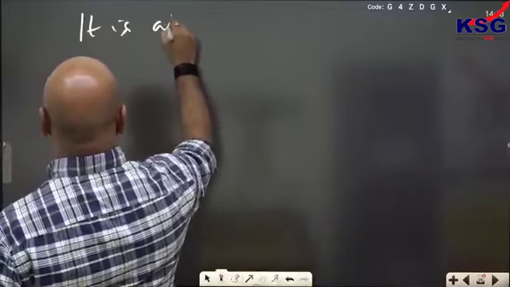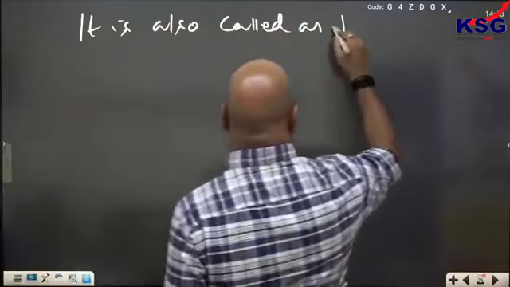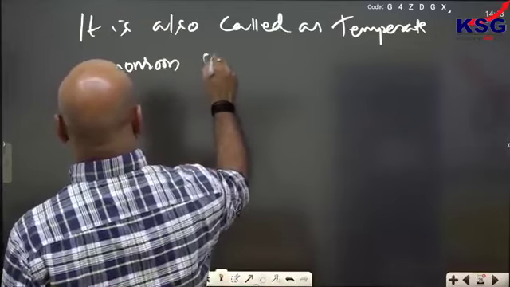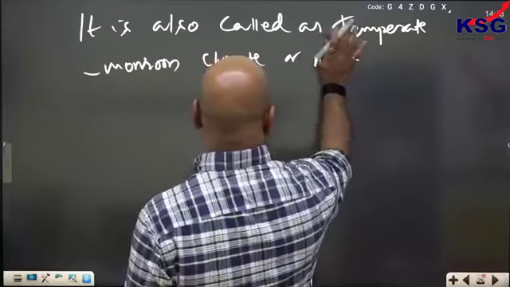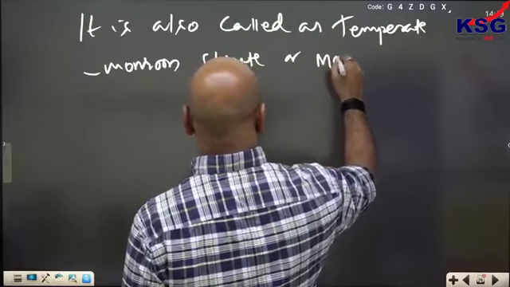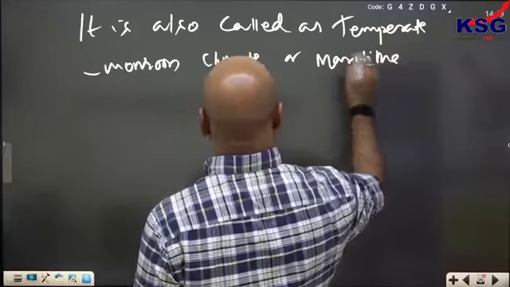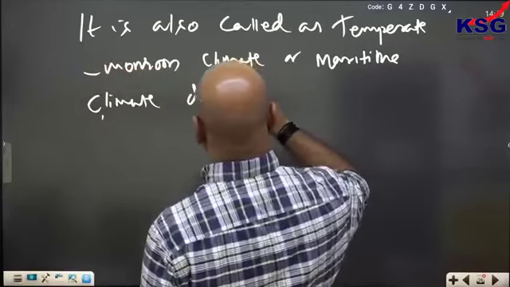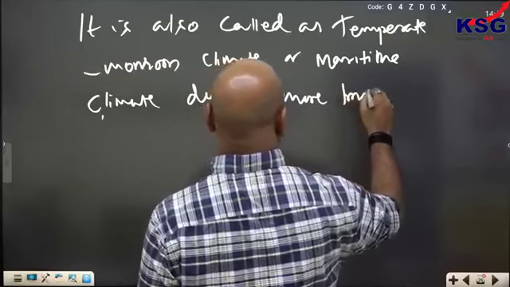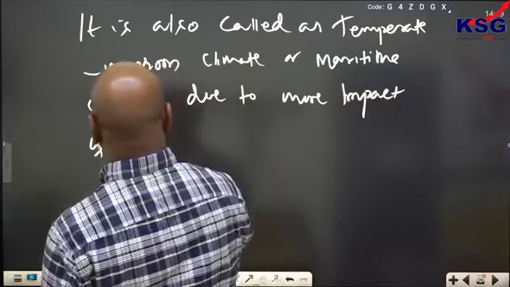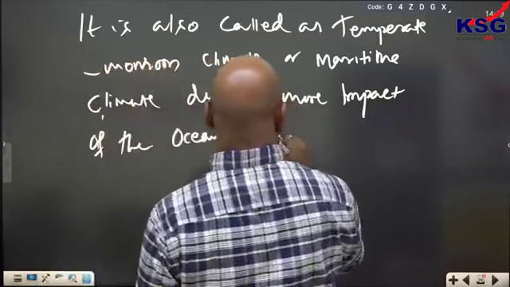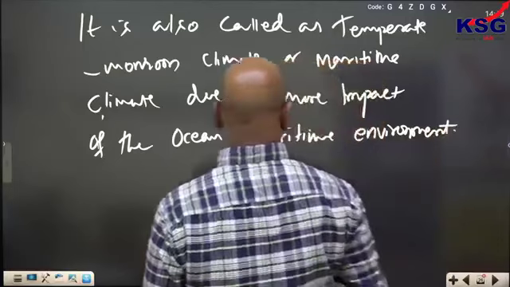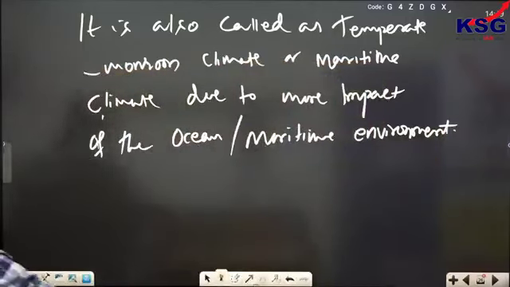It is also called temperate monsoon climate or maritime climate, due to more impact of the ocean or maritime environment. Okay, so this is there.